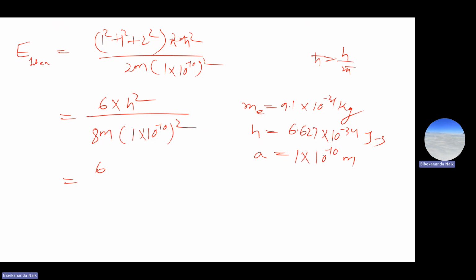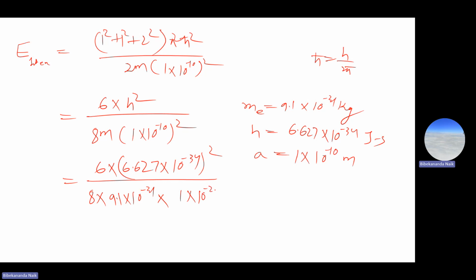It will be 6 into 6.627 into 10 to the power minus 34 square divided by 8 into 9.1 into 10 to the power minus 31 into 1 into 10 to the power minus 20.